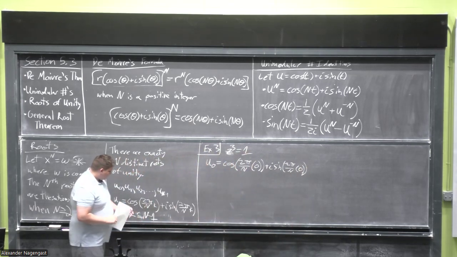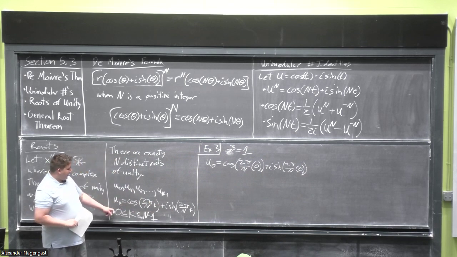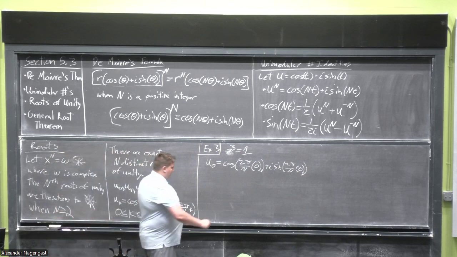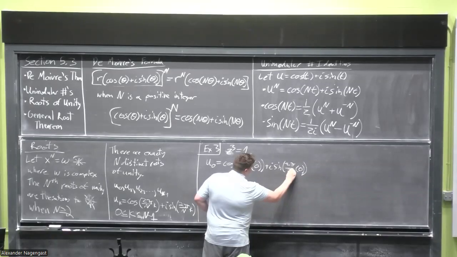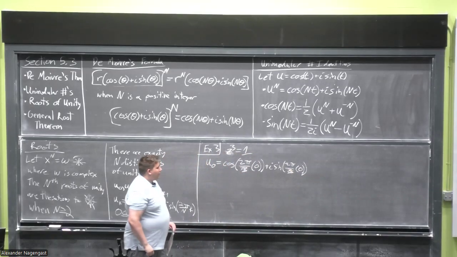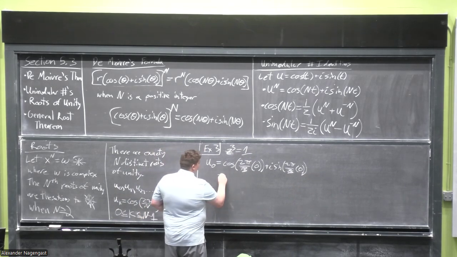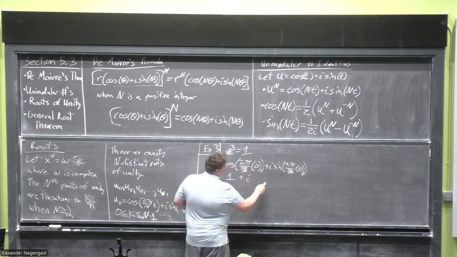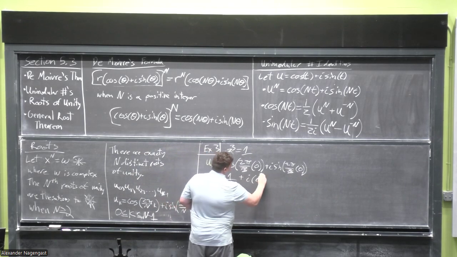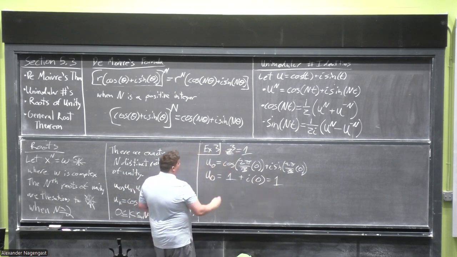I've plugged in my k because I want the 0. What is my n? My n is 3. So let me plug that in for my n. And now I have cosine of 0, that is 1, plus i times the sine of 0, which is 0. So this is just 1. That's u naught.